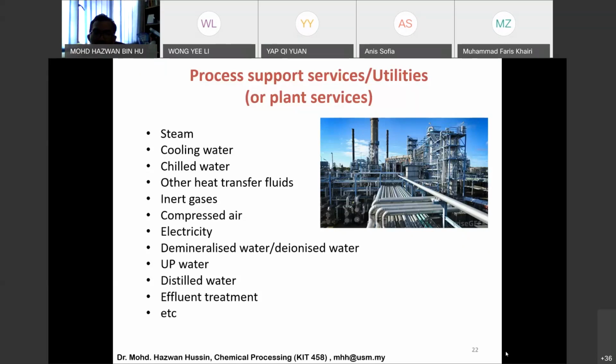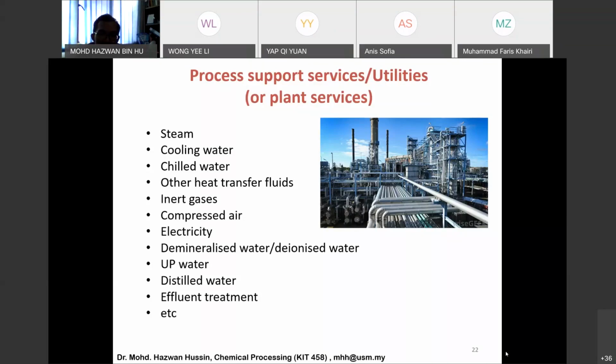UP, not "up" water. This actually means ultra purified water. UP, ultra purification water. For ultra purification water, normally they will use a membrane to remove any bacteria or any residues, so that it will be super pure.